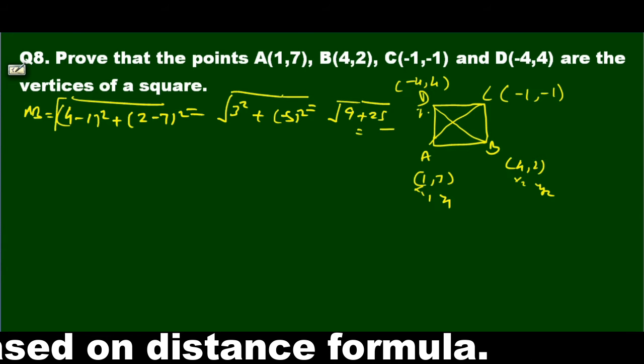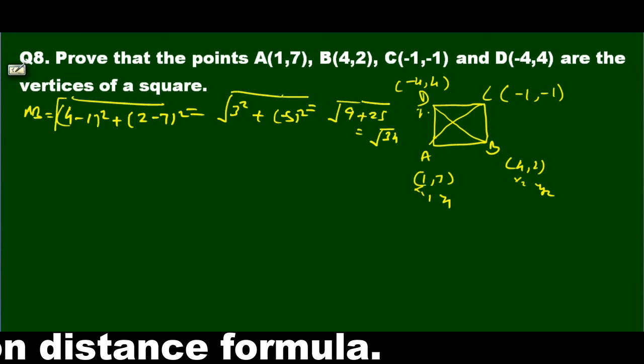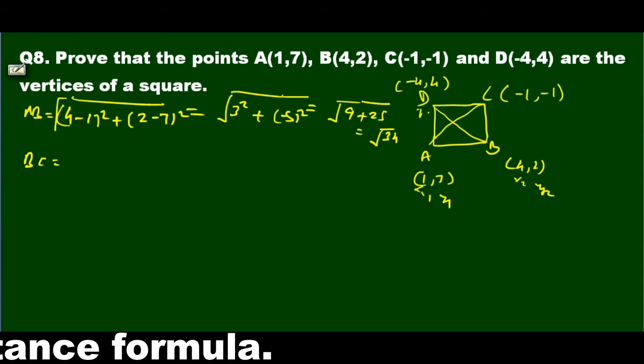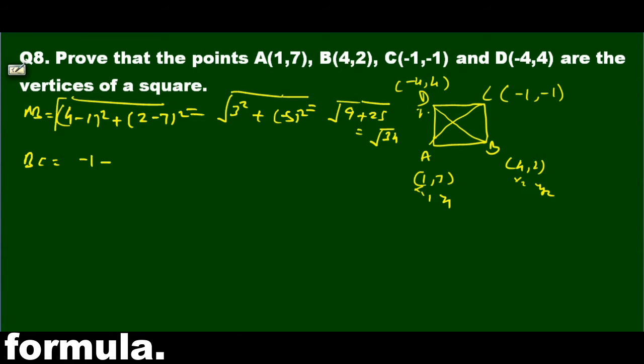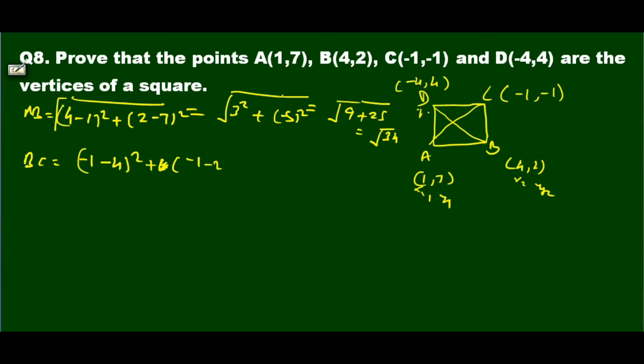So this is under root 34. This is AB, and BC equals (-1 minus 4) square plus (-1 minus 2) square, clear. So this will become (-5) square plus (-3) square. So this will become 25 plus 9, means under root 34.